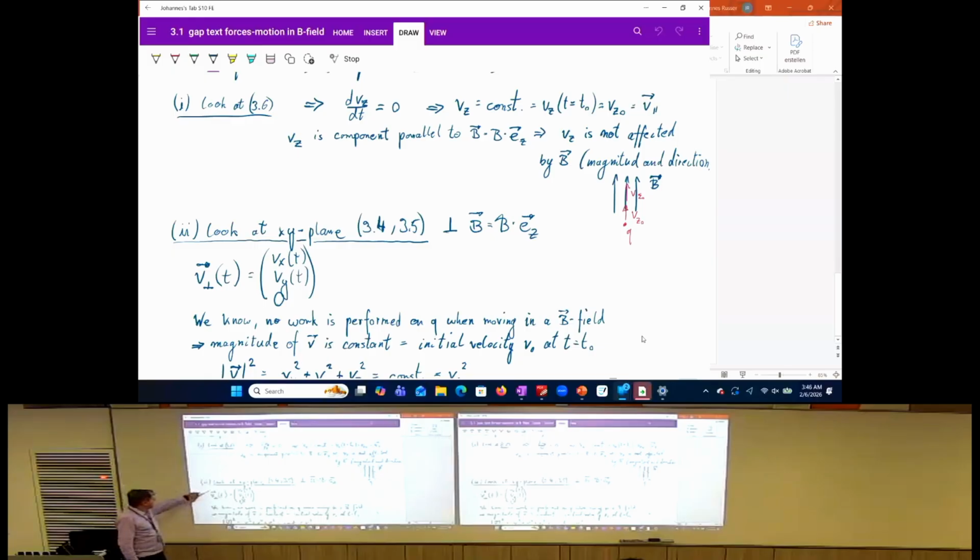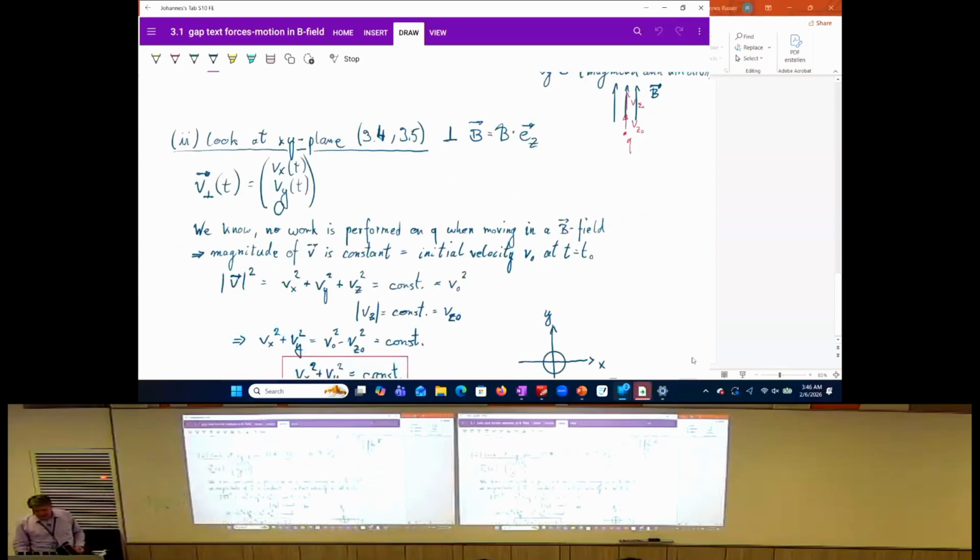And this velocity component, which is perpendicular, basically describes the motion of the particle in a plane perpendicular to the B field. This is this vector here.